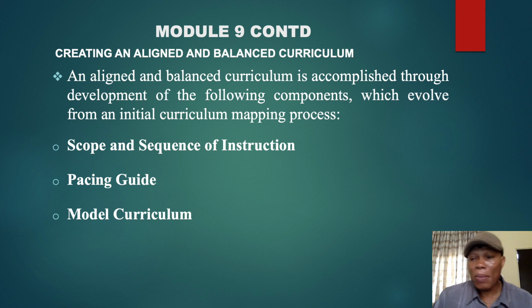The last one is model curriculum. Model curriculum units illustrate how the concepts and skills identified in a pacing guide may be incorporated into one or more selected themes during a grading period. In a pacing guide, a theme may be represented by an essential question.